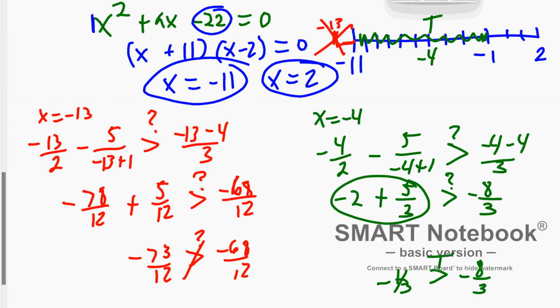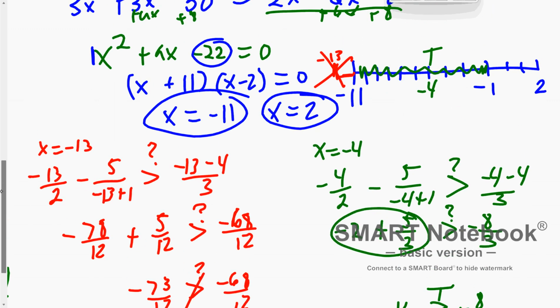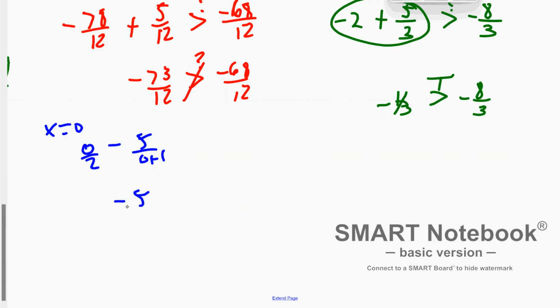So now we can go ahead and test and see about over here between -1 and 2. So now we're going to test in between here, so we can do 0. Okay, so x equals 0, so we can test that. So 0 over 2 is 0, minus 5 over 0 plus 1 is just -5, correct? -5.